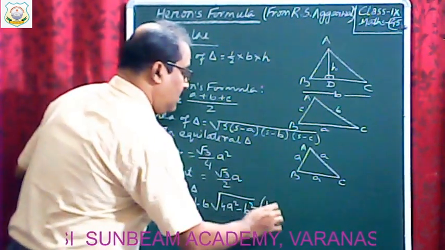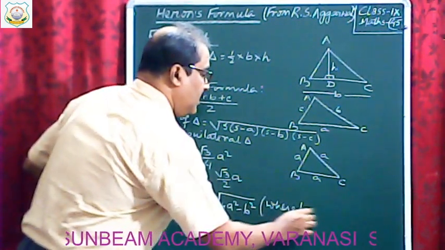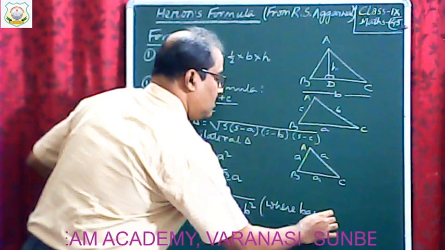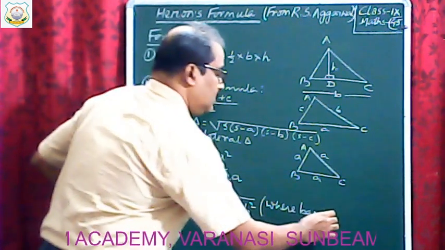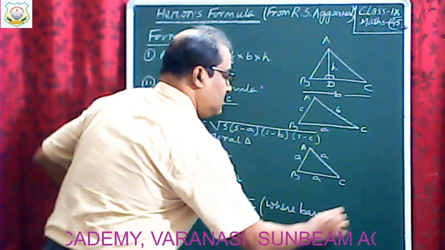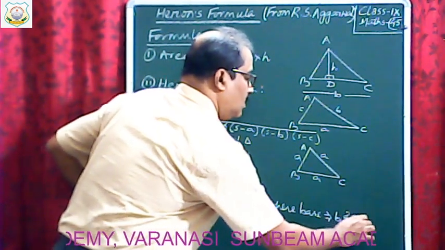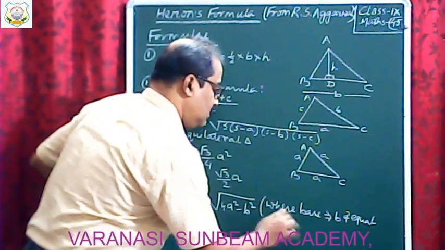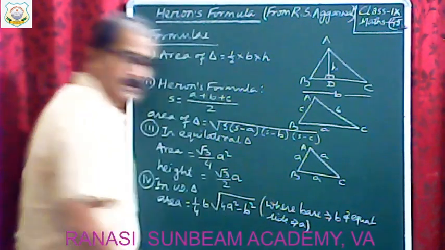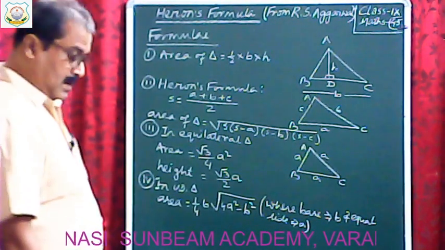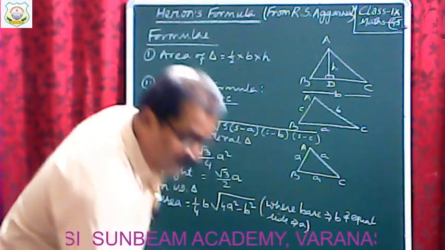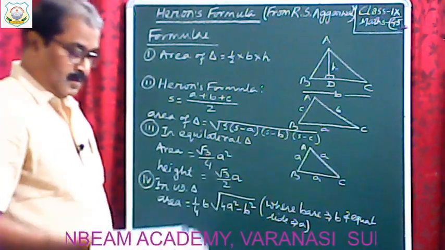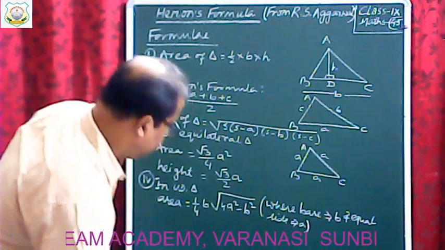Okay, where base is denoted by b and equal side denoted by a. Okay, this formula you have to keep in your mind. Then you have to do easily all the questions of the exercise.